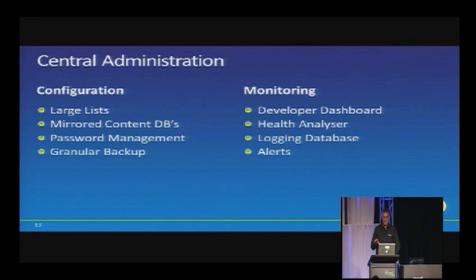Okay, so some of the things in configuring that are new, especially to 2010, that you need to think about is we now have the ability to manage large lists. There's a great feature in SharePoint 2007 where you can take an Excel spreadsheet, and it might have, say, 50 or 60,000 rows, and you could go export that to SharePoint. And it would go and create a SharePoint list and start loading all of that data up into SharePoint.